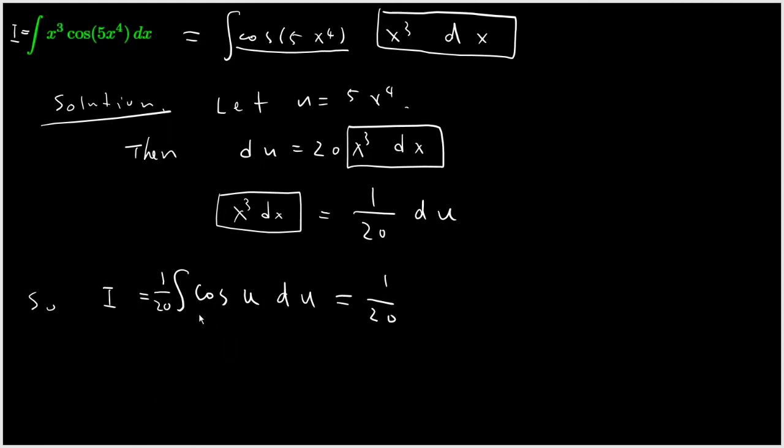Look at the formula for the indefinite integral of cos of x. The antiderivative of cos of u in terms of u is sine of u, and then plus a constant c. After getting rid of the integration notation, do not forget to add c.